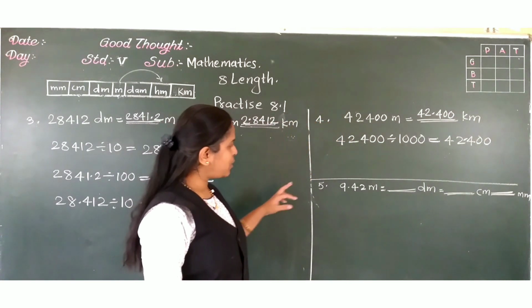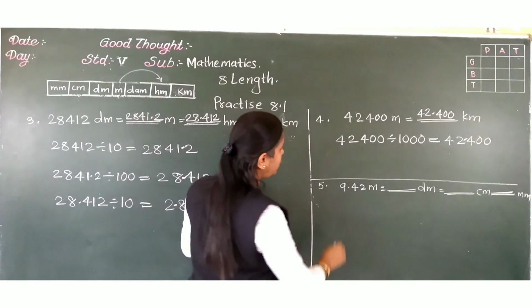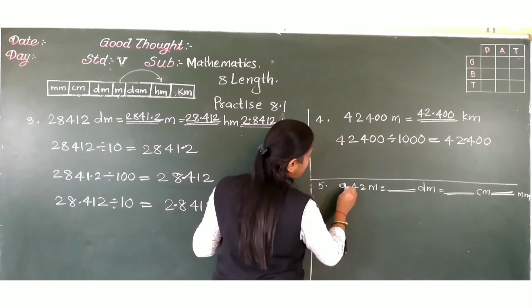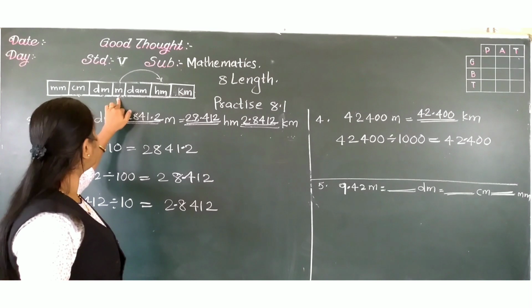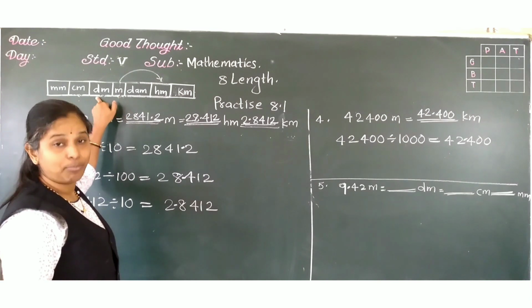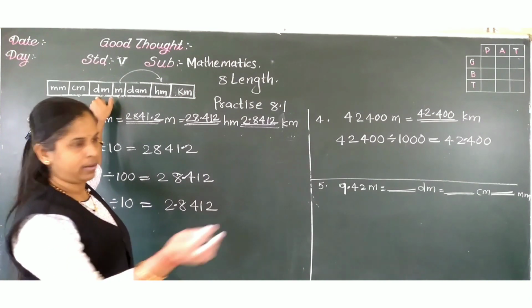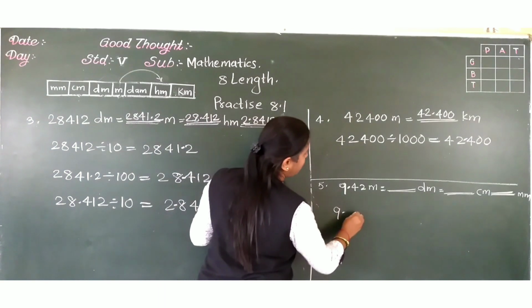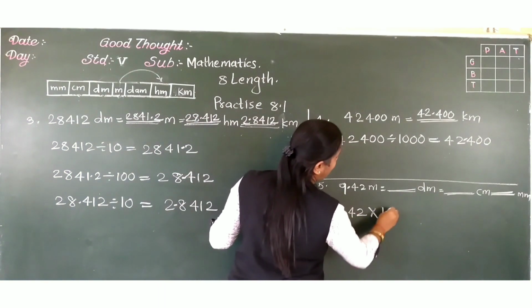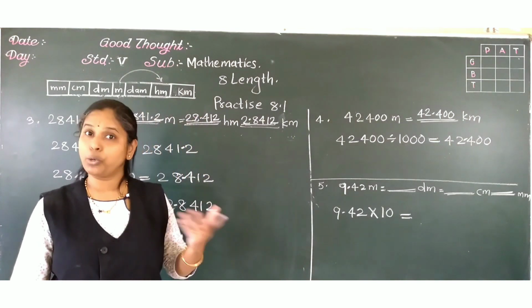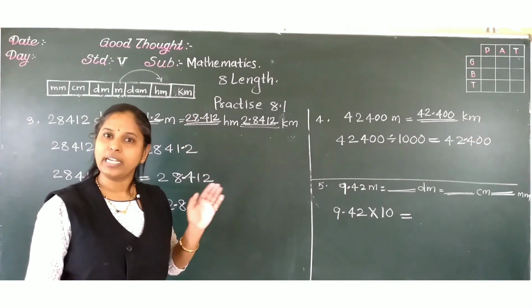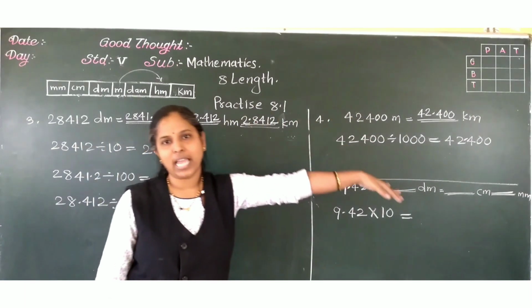Okay. Next, the fifth one. Here 9.42 meter, we have to convert meter into decimeter. That means we have to multiply by 10. So 9.42 we have to multiply by 10. Now in multiplication by 10, 100, 1000, what do we do? We shift the decimal to the right side.